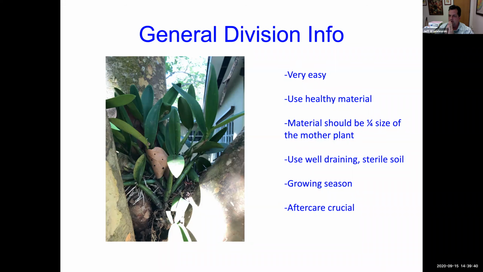You're going to use well-draining sterile soil when you move it from one to the next. You're going to do it in the growing season. And the aftercare is crucial.